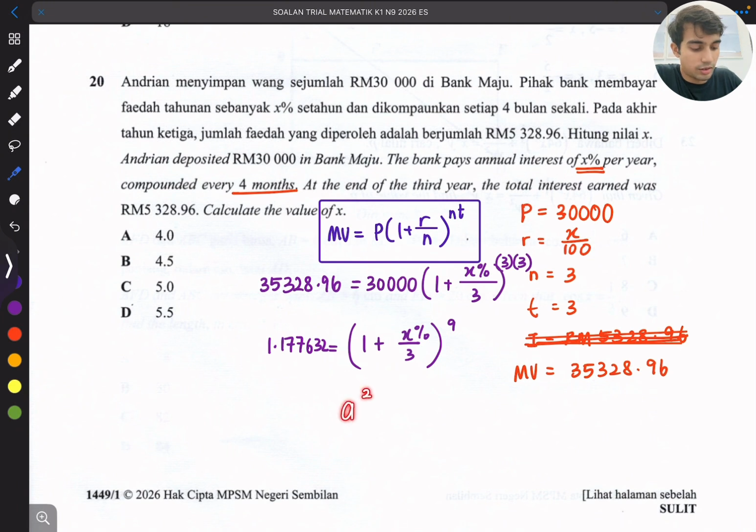Because if you have a square, let's say of 4, bringing the square over becomes square root of 4. If cube, you bring it here and it becomes cube root. If 9, it becomes the 9th root. So we can say the 9th root of 1.177632 is 1 plus x percent over 3.